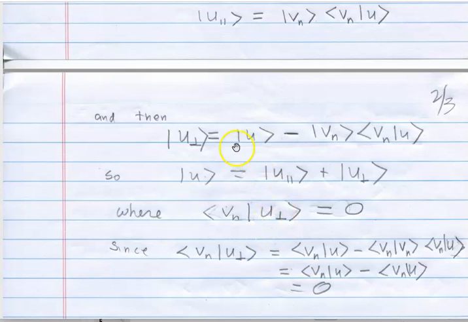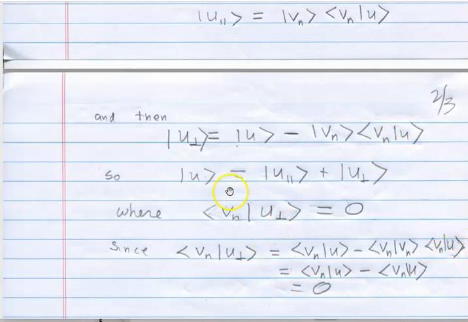If I take this u perpendicular up here, as I've defined it, and take the inner product with vn, so that's this expression, then I get bra vn ket u minus bra vn ket vn times bra vn ket u. Remember, I'm operating on this side with the vn bra times this vn ket.